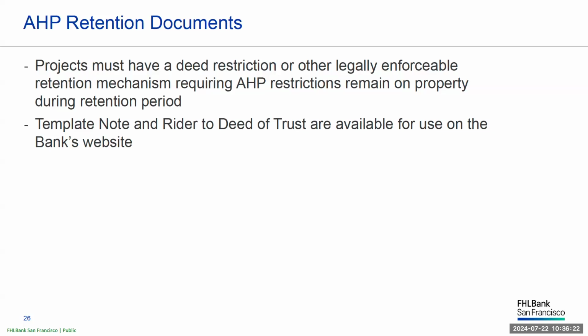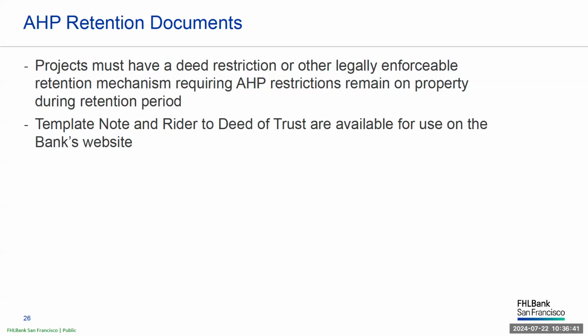All projects must have a legally enforceable retention mechanism to secure the AHP subsidy for 5 years from project completion. Template documents are available on the bank's website under AHP Disbursement, Owner-Occupied section.